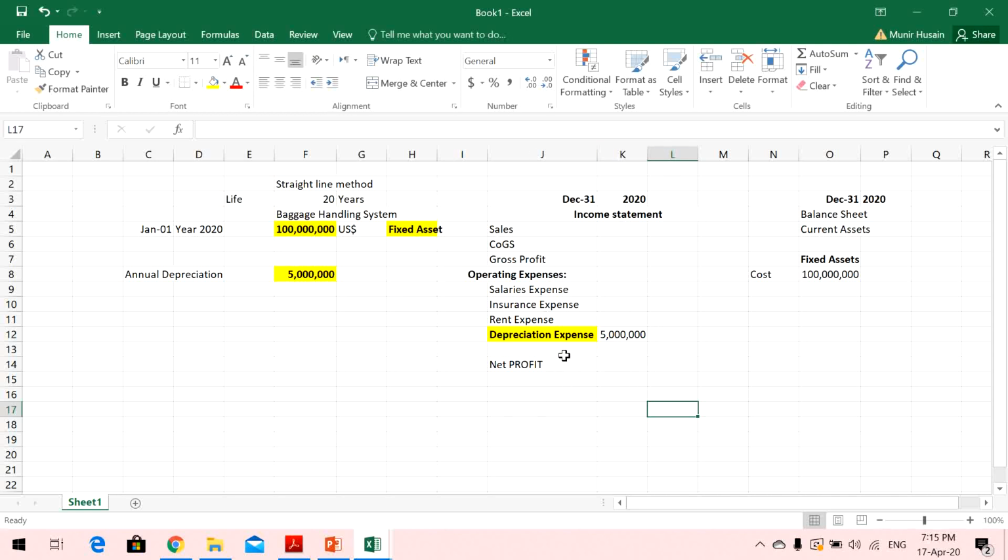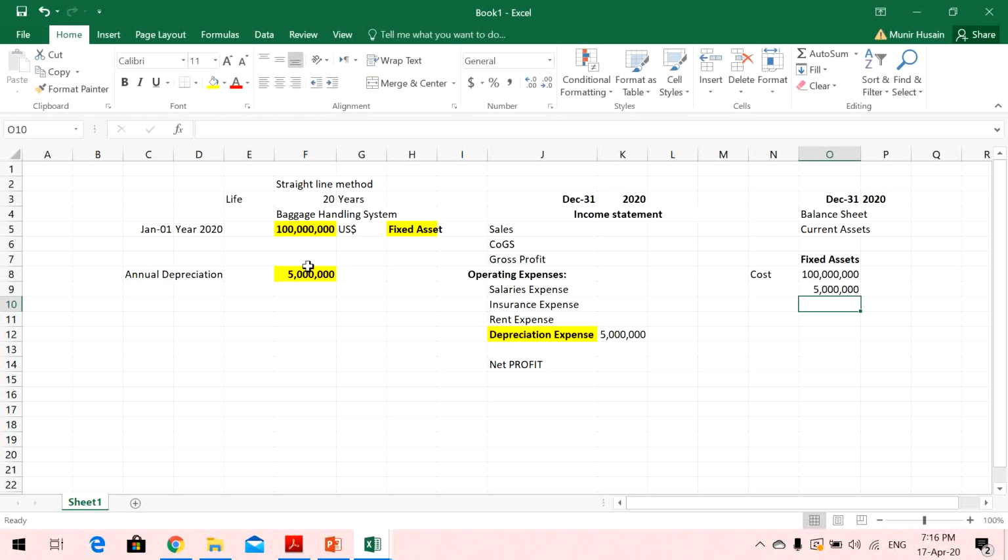Now when you show this baggage handling system in your balance sheet as a fixed asset, we acquired it at a cost, but we know how much has been depreciated so far. For 1 year, the depreciation is this one.